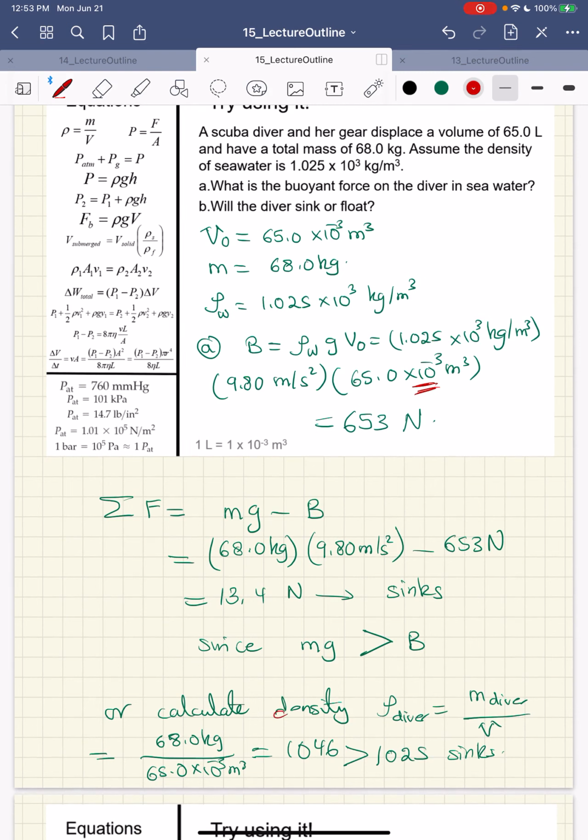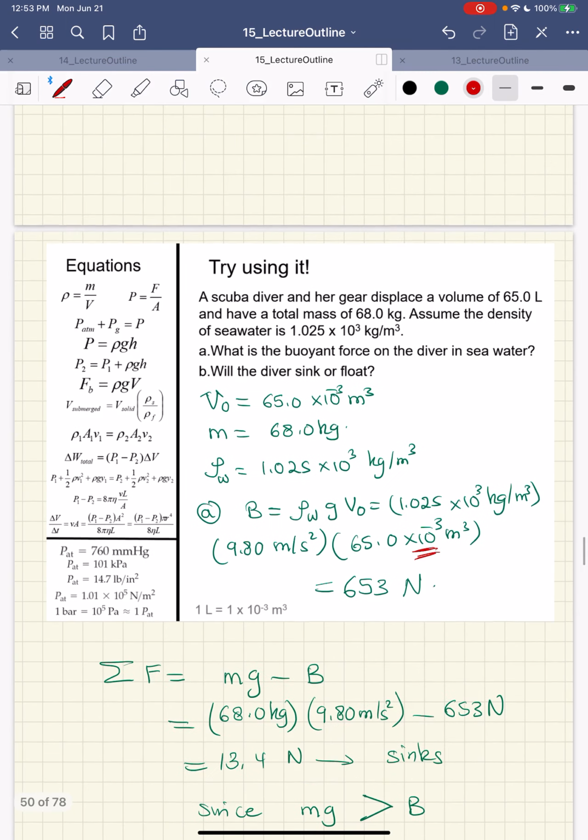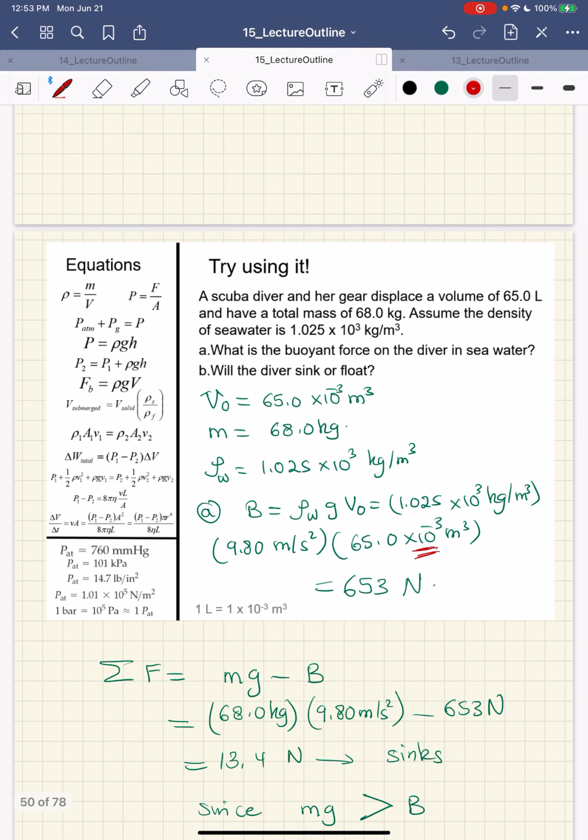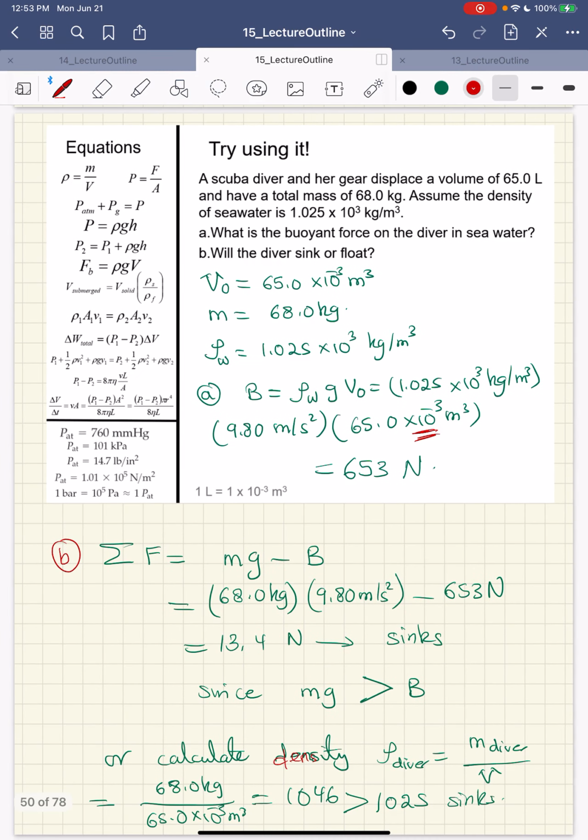Now, for part B, this was A, this is B. I have calculated sigma F, where the weight is downward and buoyancy is up. Now the weight is winning, then it will sink.